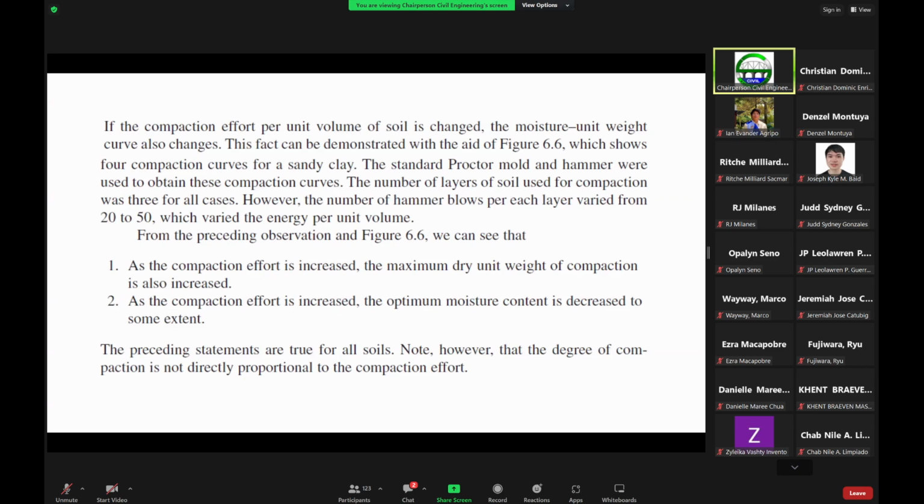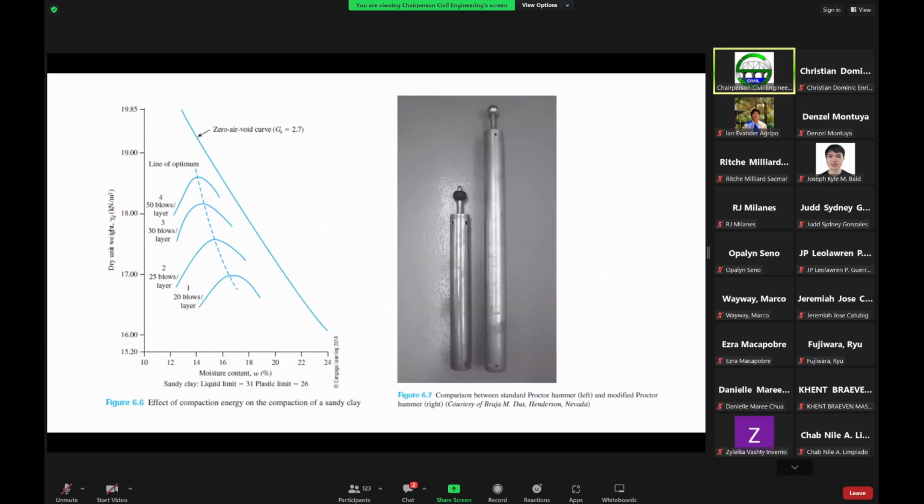For example, here are the compaction curves for a sandy clay, with a liquid limit of 31 and a plastic limit of 26.